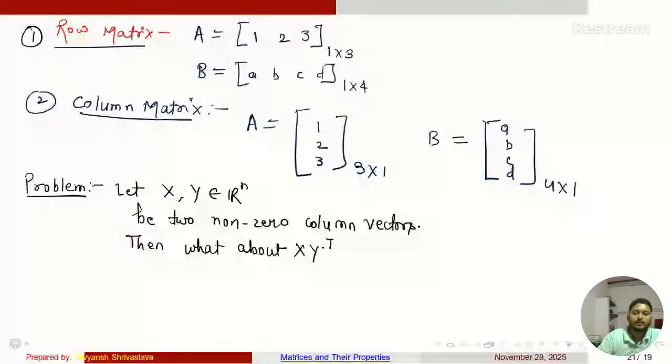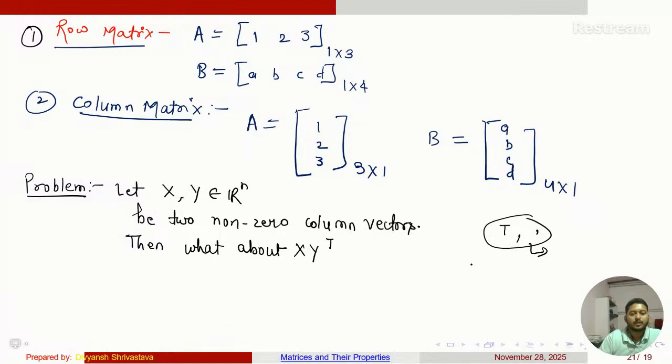The transpose is represented like this, with a T or a dash. Both representations are satisfied for this. The standard representation is x y transpose.